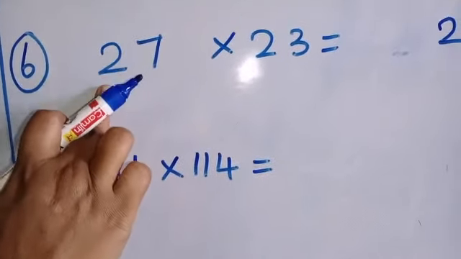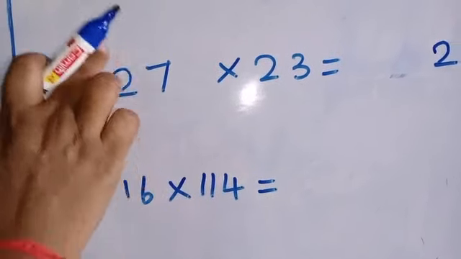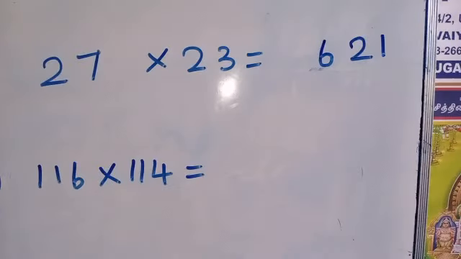Multiply 2 with the next number, which will be 3. 2 threes are 6.